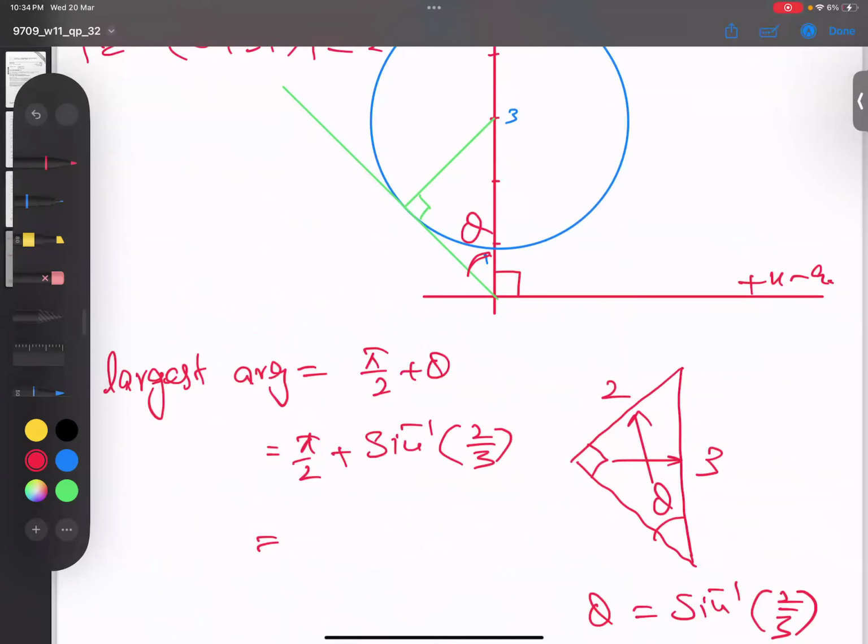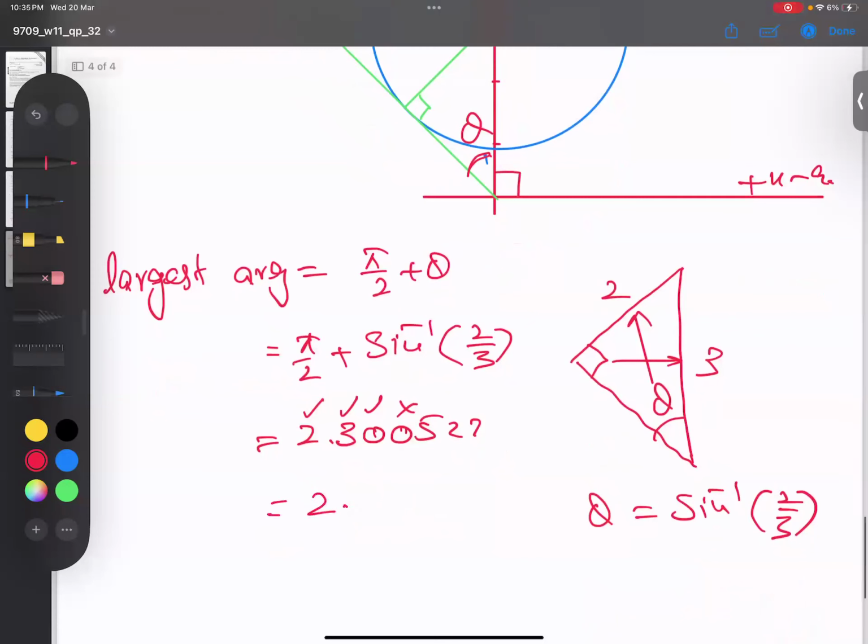I'm going to type in the calculator: pi divided by 2 plus sine inverse 2 divided by 3, and my answer finally comes 2.300523. So 2.3 is my answer for the largest argument. And I believe the point is very, very clear.